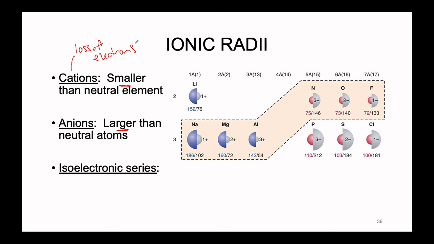So the resulting ion, of course, is going to be smaller. We're losing a piece of the atom. Anions, which are the negative counterparts, are caused by gaining electrons. And because we have extra electrons, we're going to inflate the size of the ion compared to the neutral atom. So it just makes sense, right? Cations are going to be smaller, anions are going to be larger because we've either lost or gained electrons respectively.